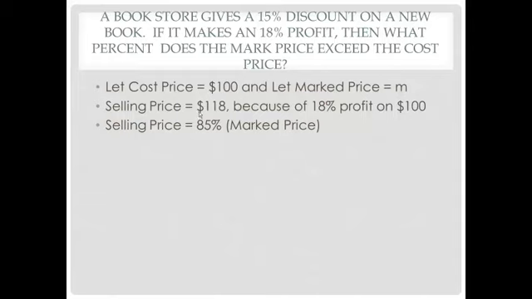So what we know is if it costs the store $100, and it makes an 18% profit, then 18% on the $100 would mean the selling price is $118. Now what we also know is that the store gave a 15% discount.